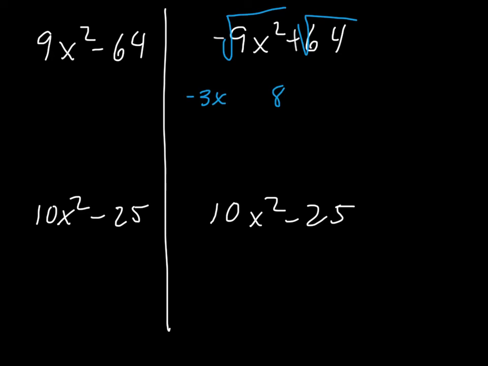So I'm going to have negative 3x plus 8 times positive 3x plus 8. You notice on this one, I changed the negative sign here and the positive sign there. I need one of these to be negative and one to be positive so that I get a negative 9 there. All right, so that's that one.